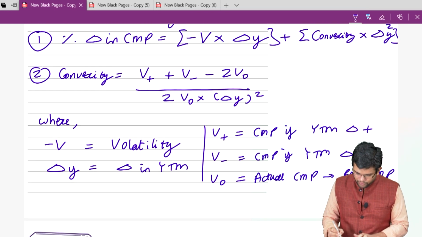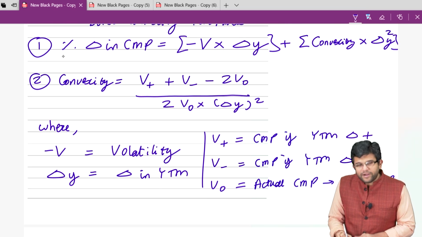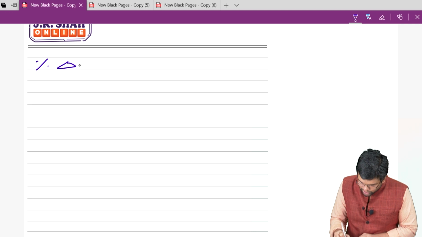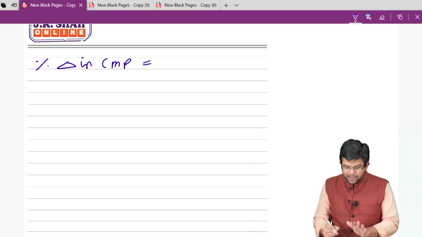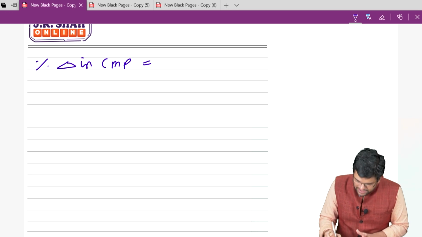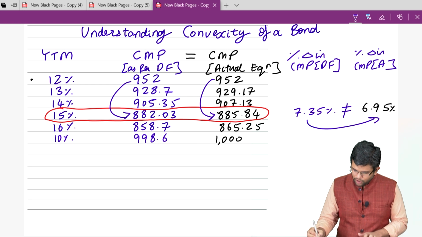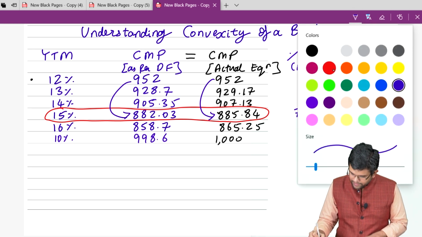So first of all, children, first of all, what they're saying, percentage change in current market price. So children, I'll write down here percentage change in current market price is equal to, now children, please let's go back to our example, and right now I'm focusing on which two numbers here, children.